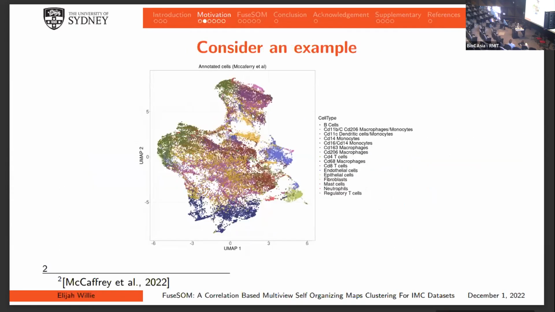By way of example, this is a data set that was published recently on lung tuberculosis. Here I have included the UMAP plot of the cells and their annotation. These cells were clustered and then manually annotated using expression data. So there is some level of difficulty in recapturing these cell types.